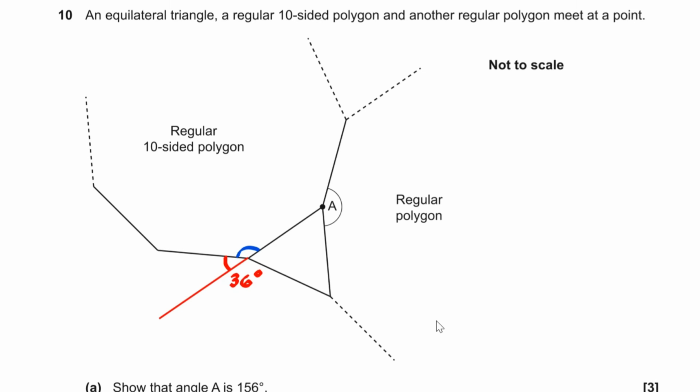So the angle marked here is 144 degrees, which means as well this angle is also 144 degrees. The angle here, because we have an equilateral triangle, this angle is 60 degrees.